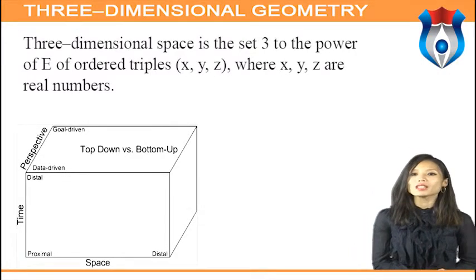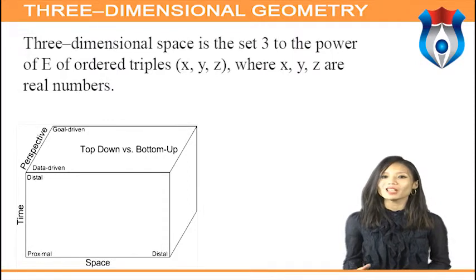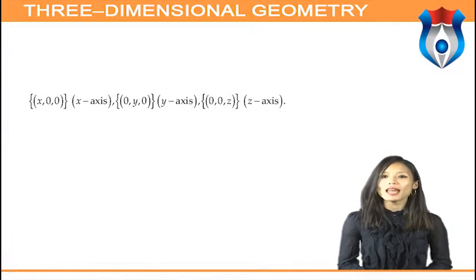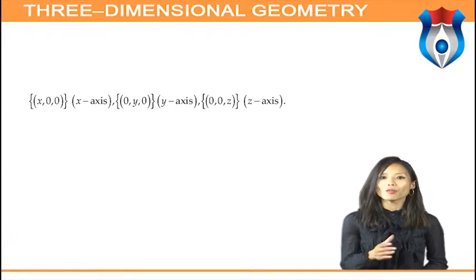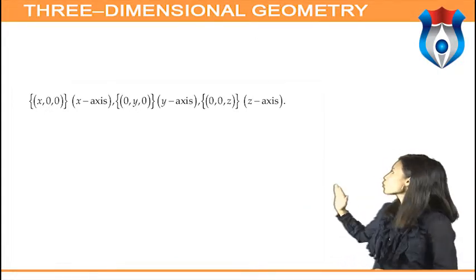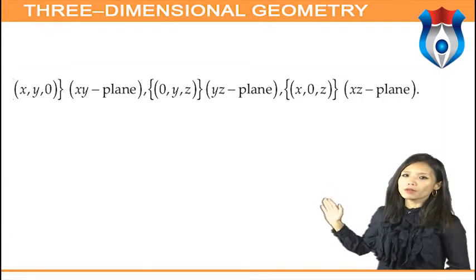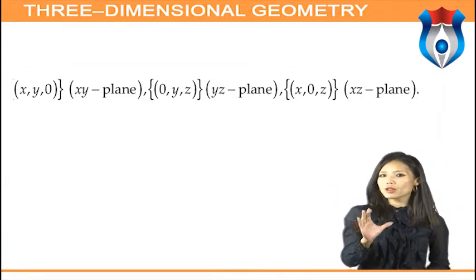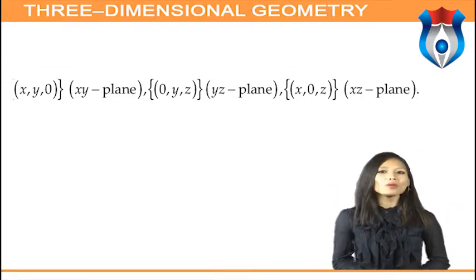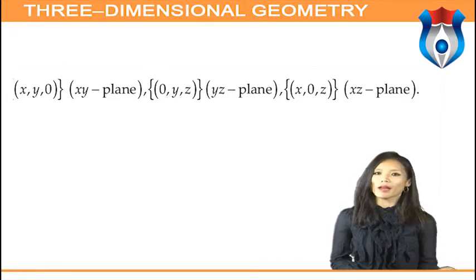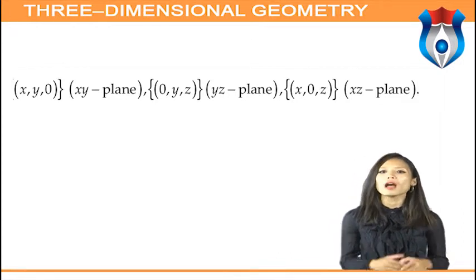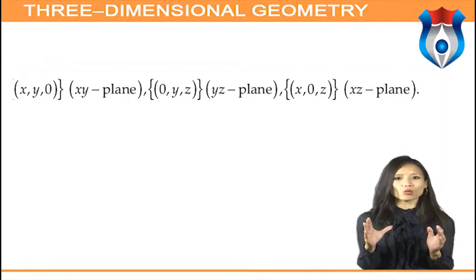The numbers x, y, z are called respectively the x, y, z coordinates of P. The coordinate axes are the sets of points as seen on screen. The only point common to all three axes is the origin O equal to (0, 0, 0). The coordinate planes are the sets of points as shown on screen.